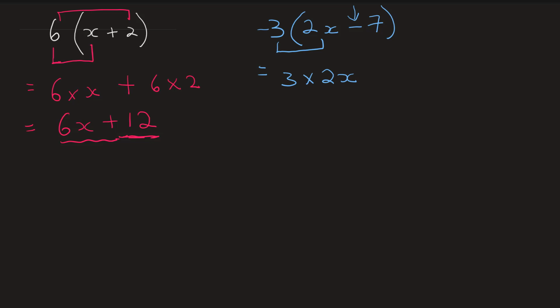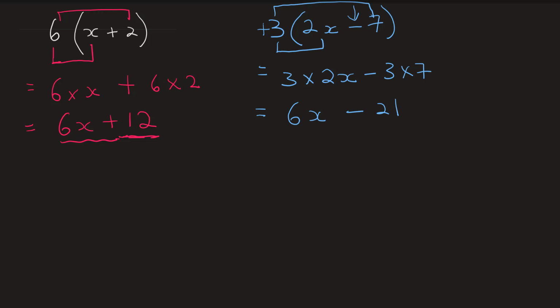Now this is a positive 3, even though by convention we do not write the positive sign. So this is a positive 3 multiplied by negative 7. So my answer is going to be a negative number. So it's 3 times 7. Let's tidy this up. 3 multiplied by 2x is 6x minus 21.